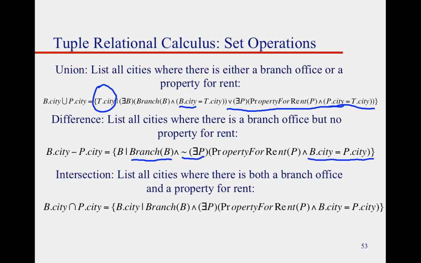So now, again, it's the cities in B that also have a property for rent in that city. So now, instead of saying not exists, we say there does exist a property P such that the property city is the same as the branch city. Okay, so that's set union, set difference, set intersection.